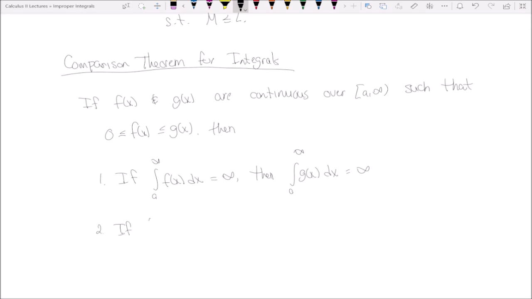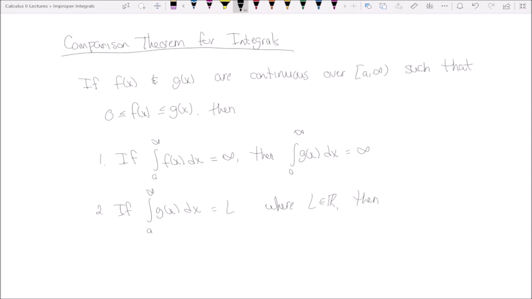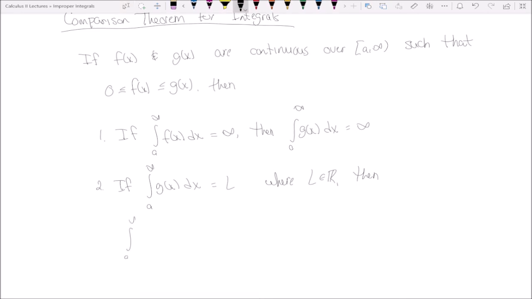2, if the integral from a to infinity of g of x dx equals L, where L is a real number, then the integral from a to infinity of f of x dx equals m, where m is a real number, such that m is less than or equal to L. Right?